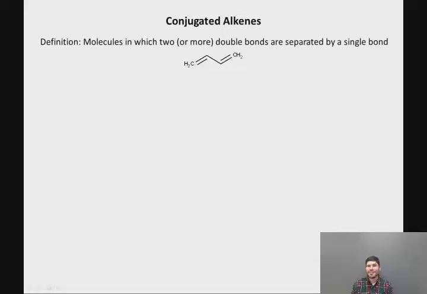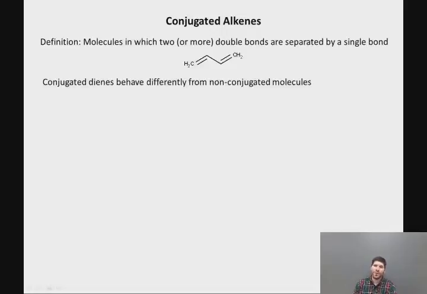Depicted here is the simplest such molecule, which is called 1,3-butadiene. Diene is for two double bonds at carbon 1 and carbon 3, and but of course means that there are 4 carbons overall.